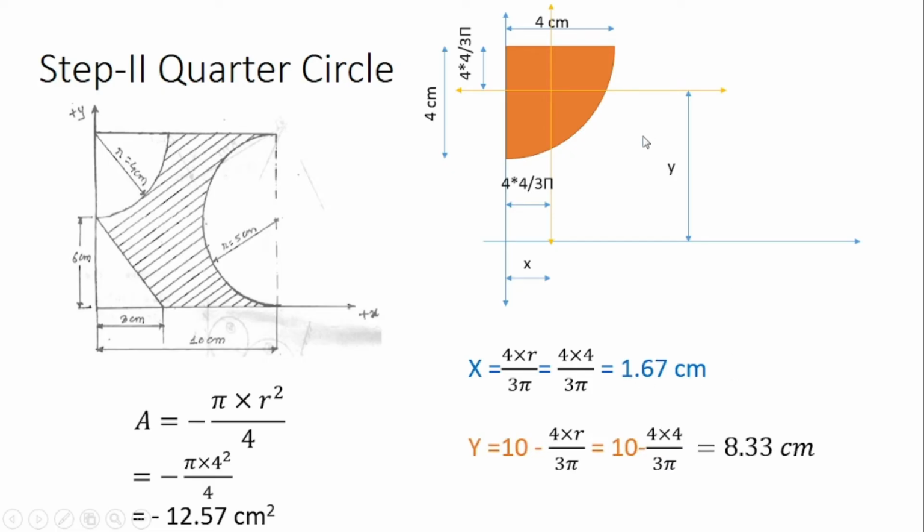Now the y bar distance is very crucial. We know that the total distance is 10 centimeter from this end to this end. So we require the distance from this point up to the centroidal axis, so total distance minus this distance.